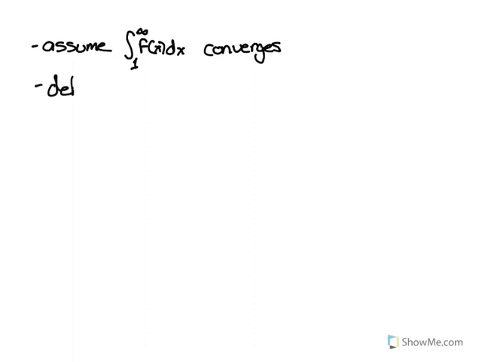Okay, now for the other direction, assume that the improper integral of f of x dx converges. Just like before, we're going to define a new function. Let's call it h of x.